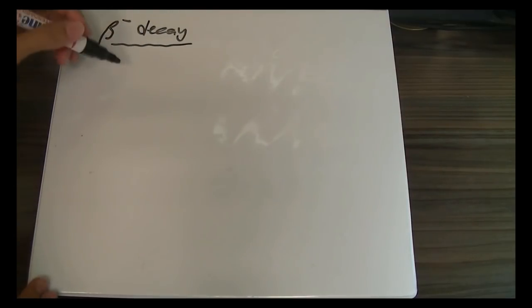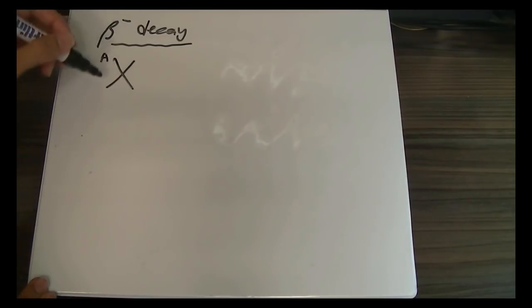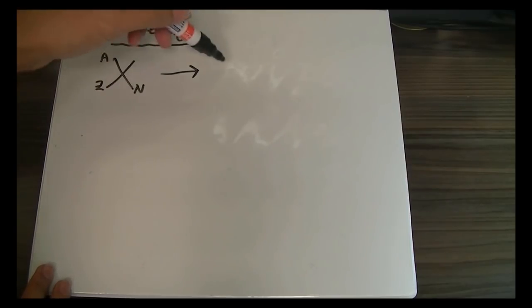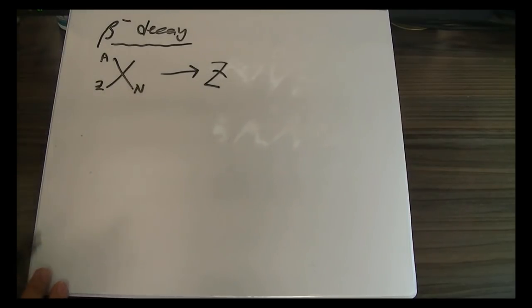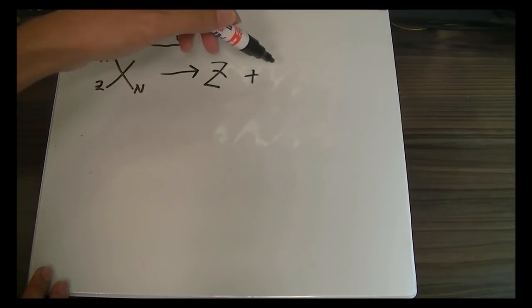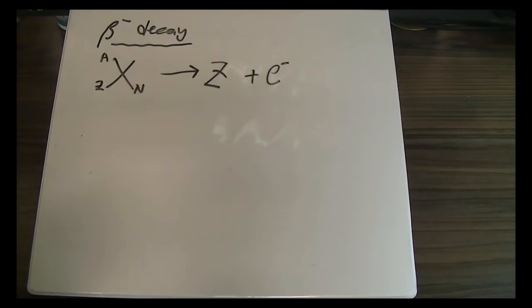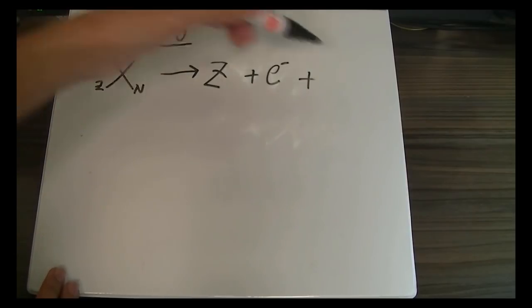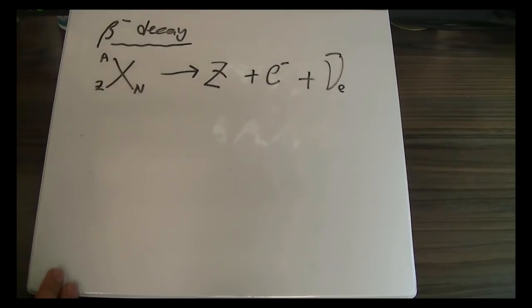As usual, we begin with the parent nuclide X with mass number A, atomic number Z, and N neutrons, and what we will get are the daughter nuclide plus one negative electron, or exactly the electron, and one type of elementary particle called an antineutrino.